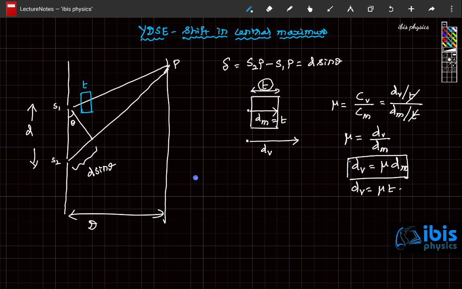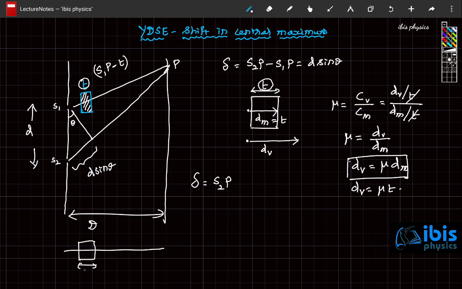Now how do we calculate the path difference? The path difference delta is S2P minus S1P. Here S2P is from here to here. From here to here, the distance in vacuum is S1P minus T, because this distance is in medium. So from S1 to P, you subtract T, and that is the distance in vacuum. Let me do it in a straight line.